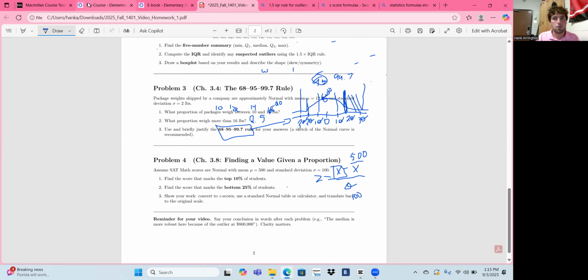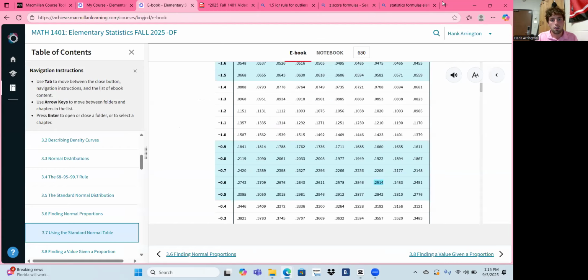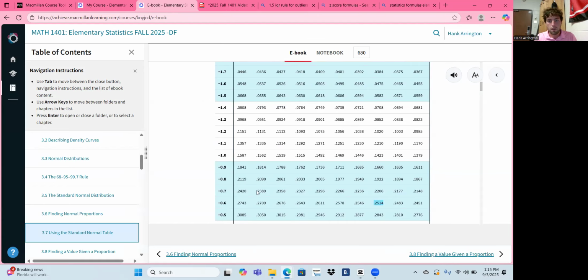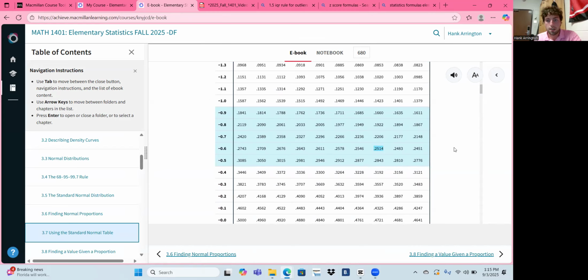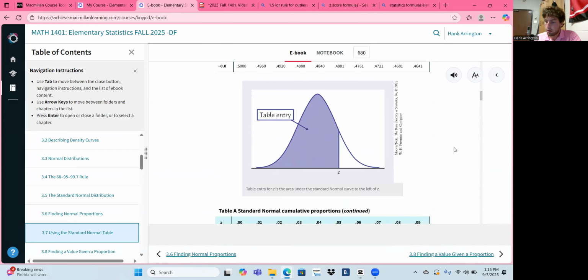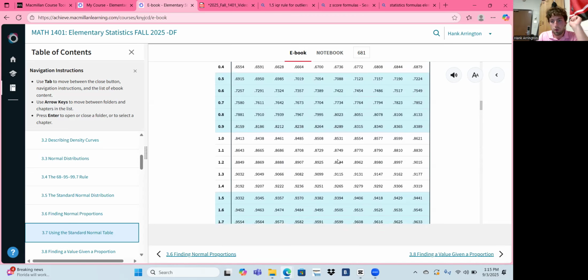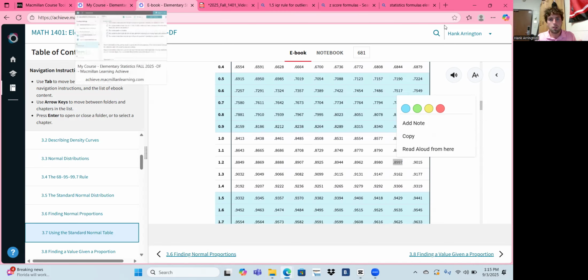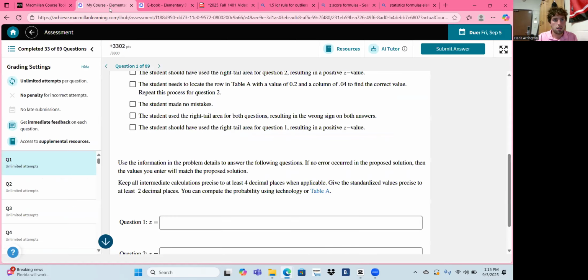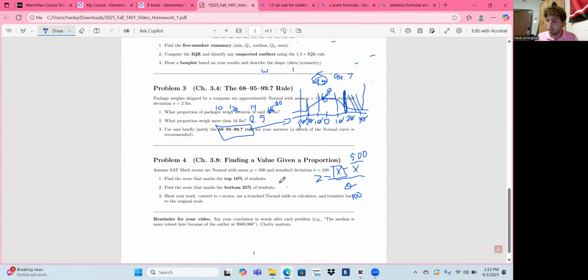So now we have to go to our z-score chart. We're looking for one of these proportions that is about 90% of our data. When we look, this number right here, 1.28, is closest to 90%. So we're going to use 1.28 in the formula. So we know that 1.28 would be our z-score.